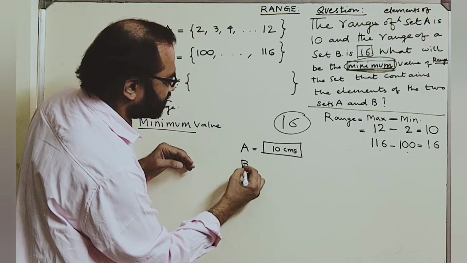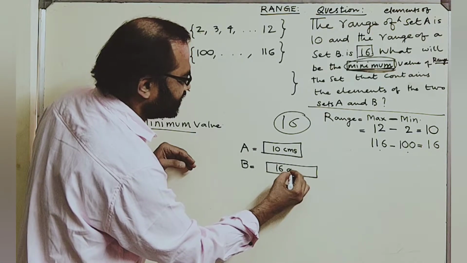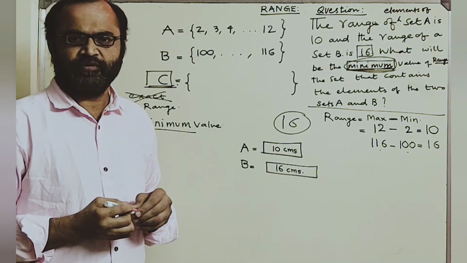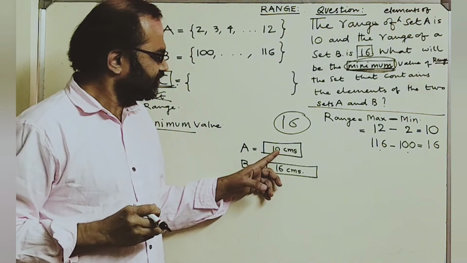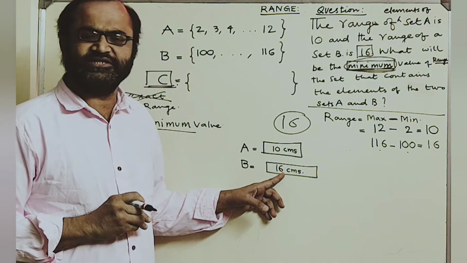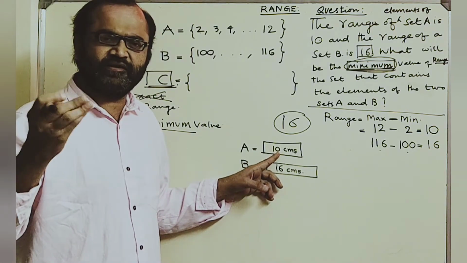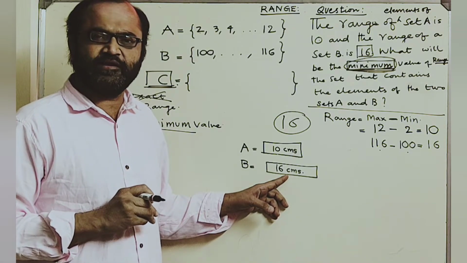Consider another box B having a scale or a ruler which is 16 centimeters long. So we have two scales or rulers which are 10 centimeters and 16 centimeters long.